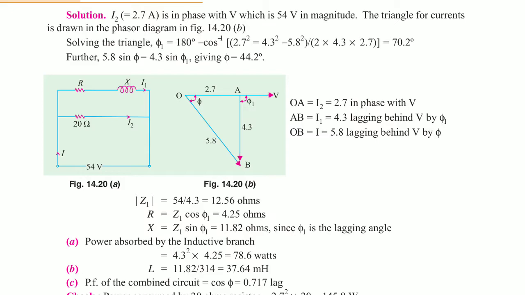Next, the triangle for current is drawn in the phasor diagram, given in figure 14.2b.